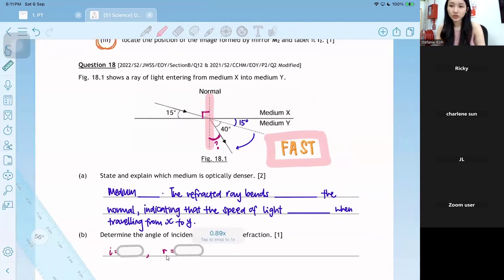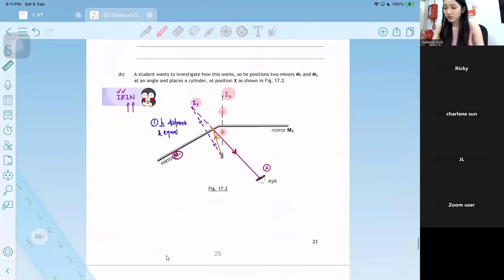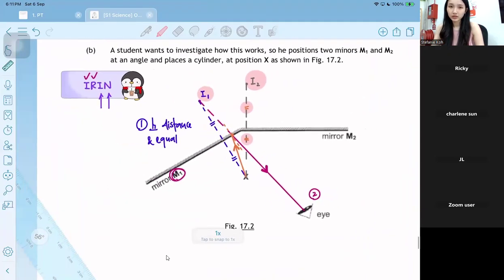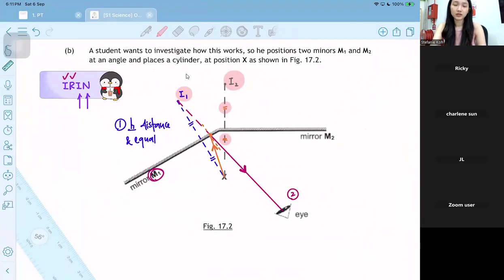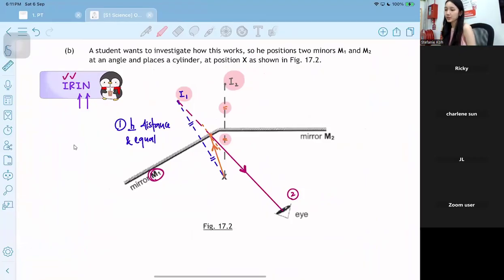Diagram for the previous question. Is it this one, Christine? So, red and what? The red and what? Or red. So you find here, right?